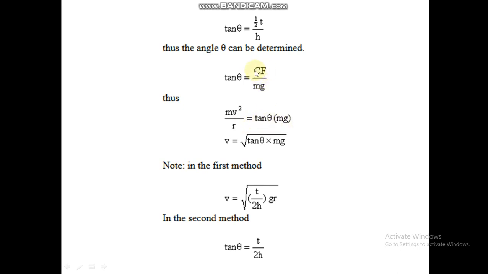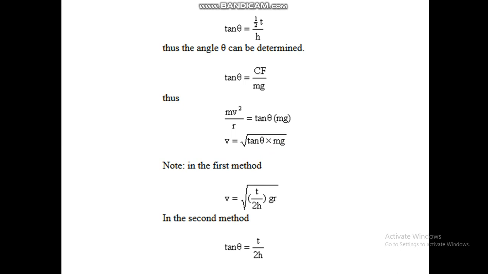We have put the value of centrifugal force, mv square upon r, here, and we have derived the formula for the overturning velocity. So overturning velocity can be written as v is equal to tan theta into gr under root.